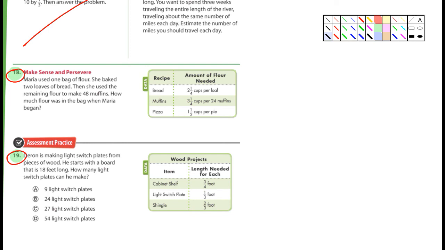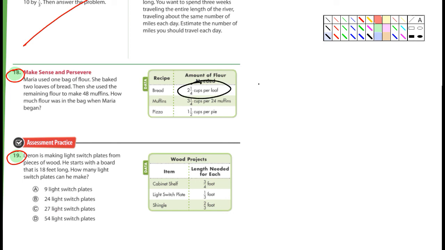Maria used 1 bag of flour. She baked 2 loaves of bread. Okay. She used the remaining flour to make 48 muffins. How much flour was in the bag when Maria began? Oh, that's a tough one. She used 1 bag. She baked 2 loaves of bread. Okay. So, let's see here. 2 loaves.